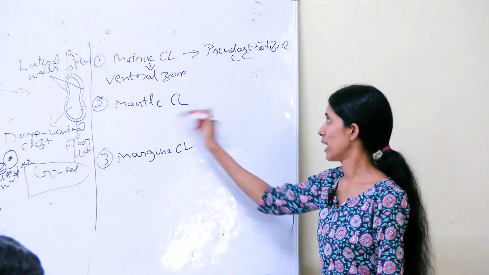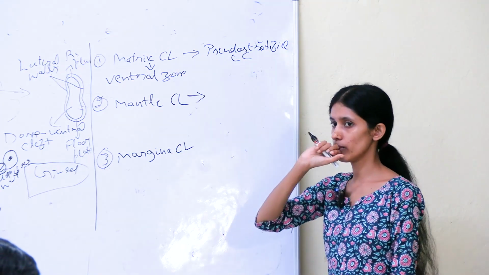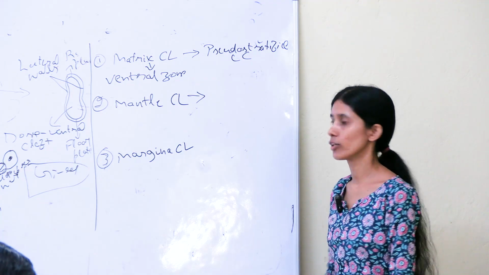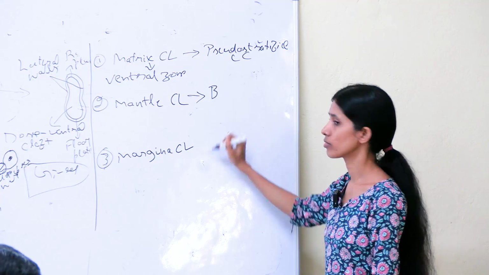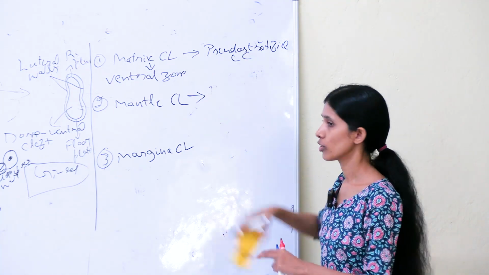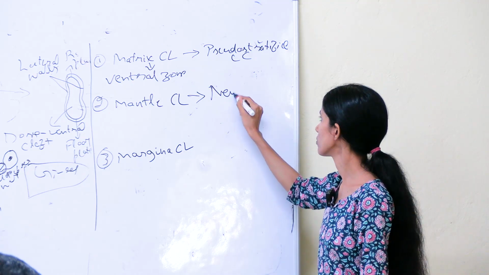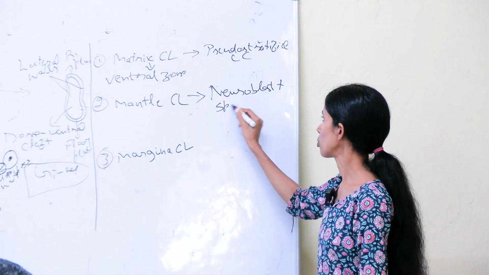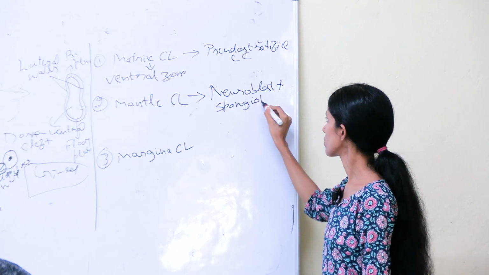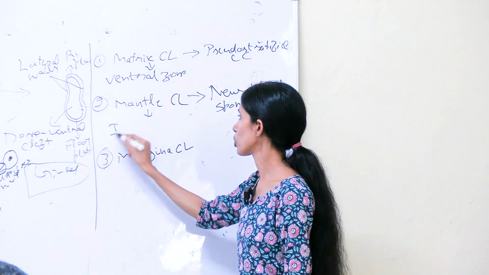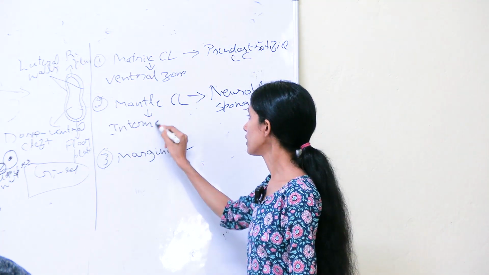Your mantle cell layer is lined by which cells? It is lined by neuroblast plus spongioblast cells. This cell layer is also referred to as the intermediate zone.